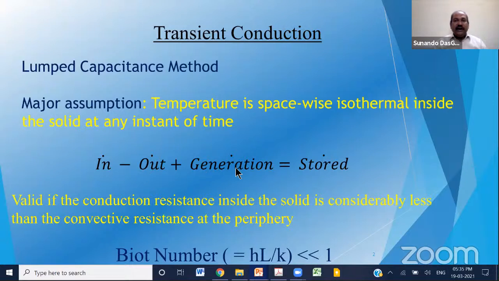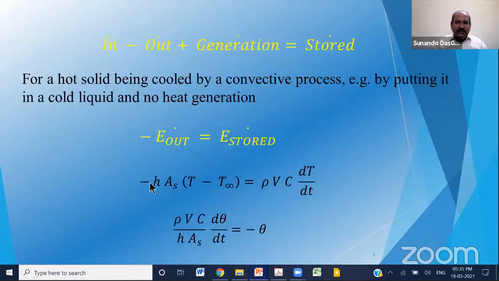It's not generating any energy inside it, but due to its interaction with the liquid, it's losing some amount of energy. So what is out? Out would be minus hA_s (T of the ball at any instant of time minus T infinity), where T infinity is the temperature of the liquid. I think that's what I have written over here.